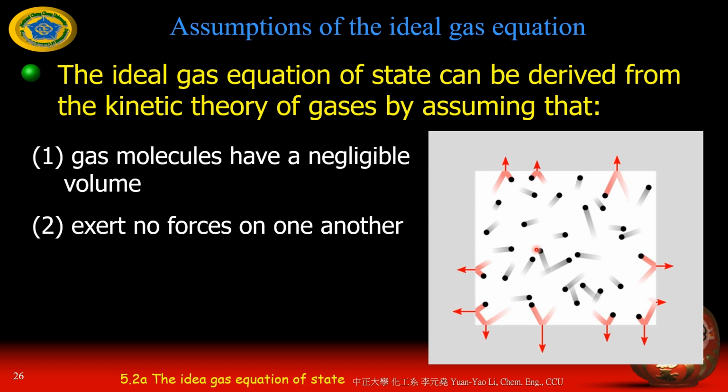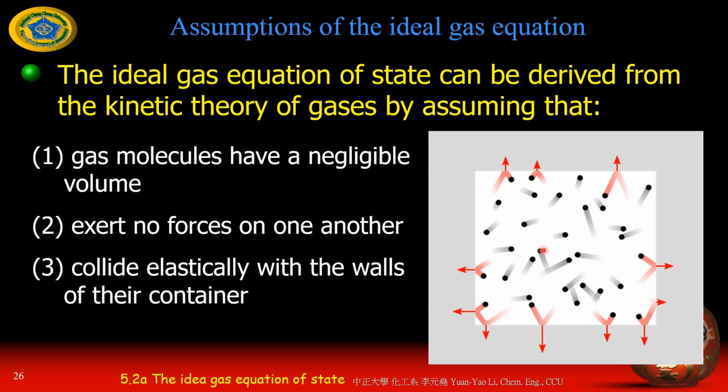But this is not real, right? That's why it's called ideal, because all materials have a volume, and all materials have attraction or repulsion forces. The third one is that they collide elastically with the walls of their containers. Colliding elastically means there is no energy exchange.